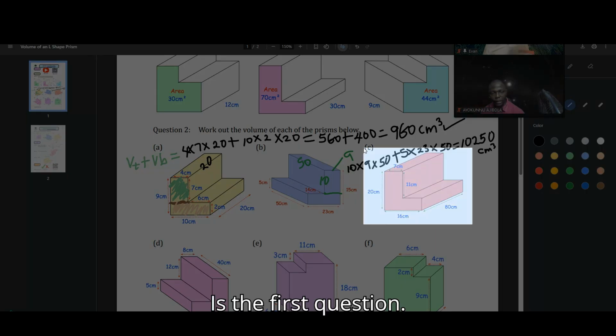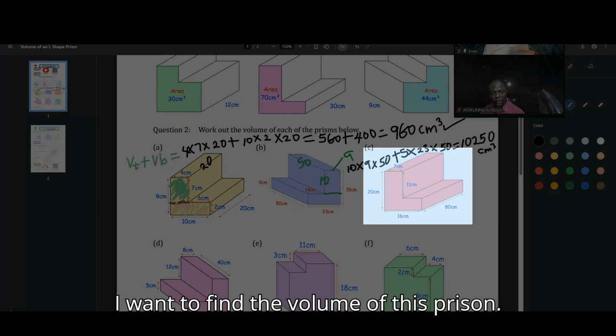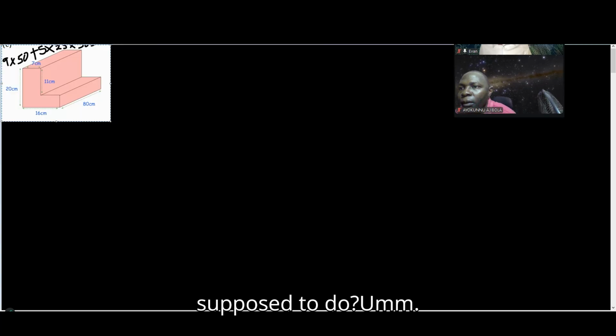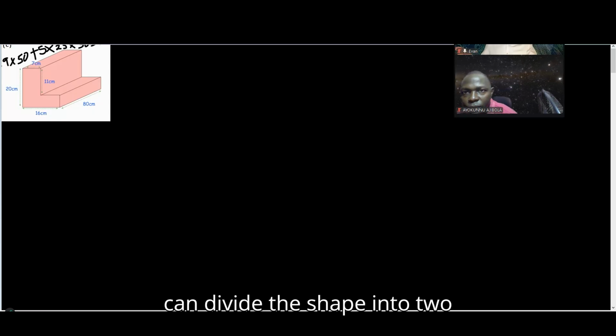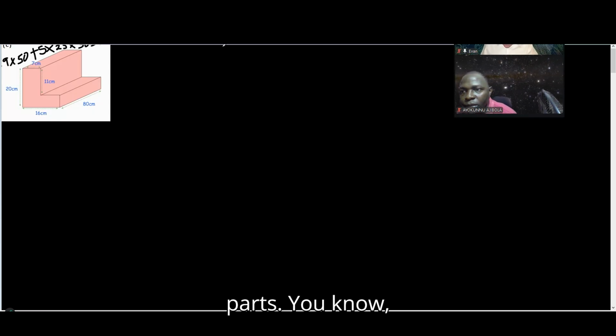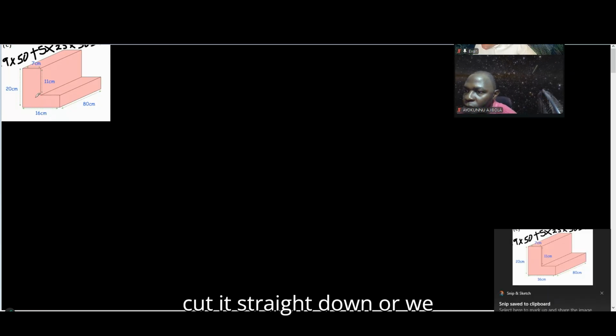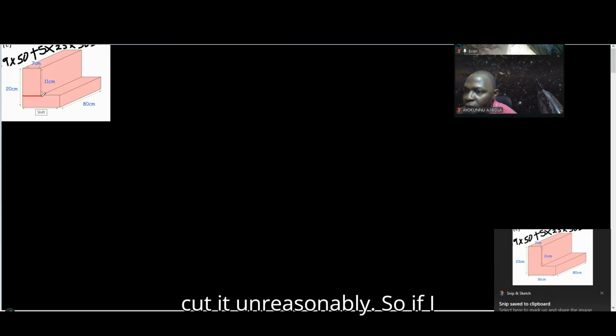Here's the first question. I want to find the volume of this prism. So to find the volume, what are we supposed to do? We can divide the shape into two parts. Either we cut it straight down or we cut it horizontally.